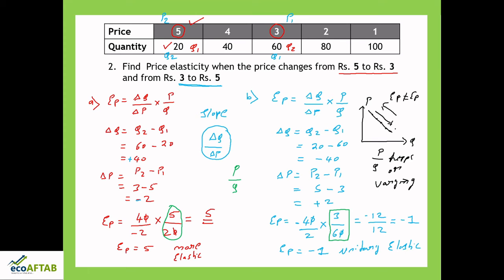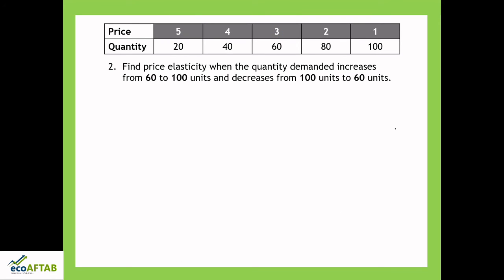One more example for you all, you can solve this at home. In the previous example I had taken price, here we have taken quantity demanded. So, find the price elasticity when the quantity demanded increases from 60 to 100, this is one situation.